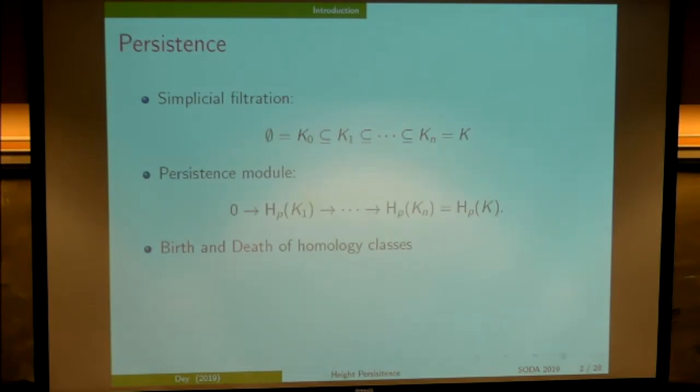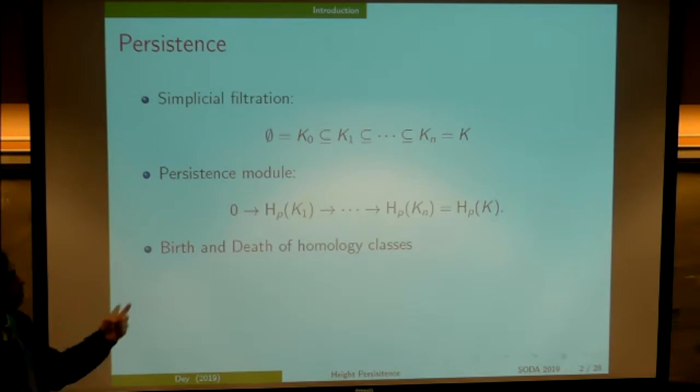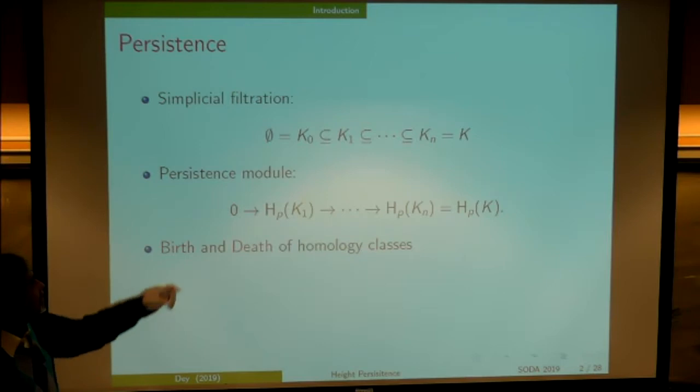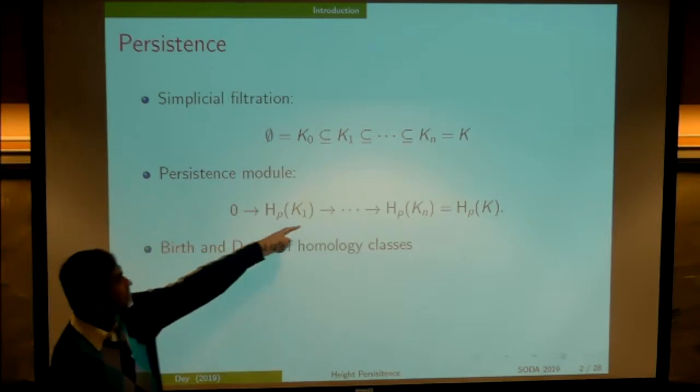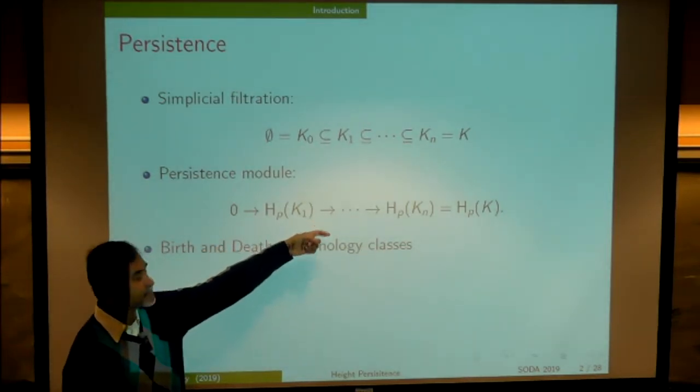So let me go over the usual slides a little bit so that I put everything in context. A simplicial filtration is a sequence of simplicial complexes which are nested, as I show, and from it you can produce a persistence module by operating the homology functor on it, where the inclusions turn into linear maps.